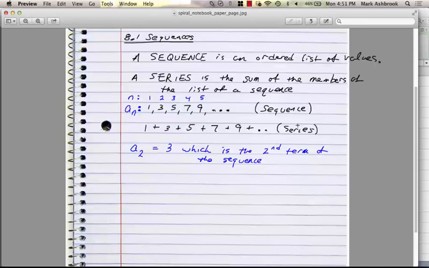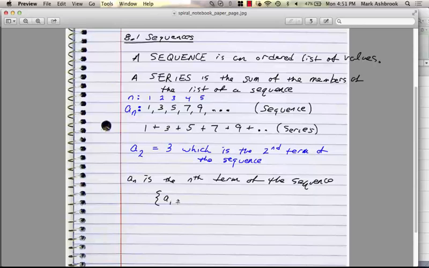All right, so then A sub n, like we said, is the nth term of a sequence. And we can write it as like in set notation.